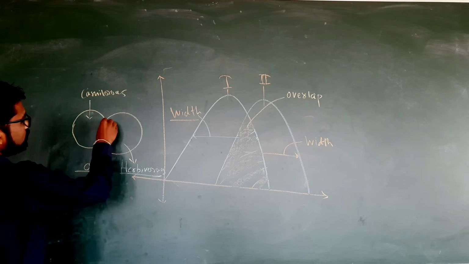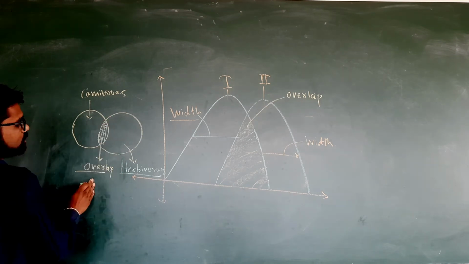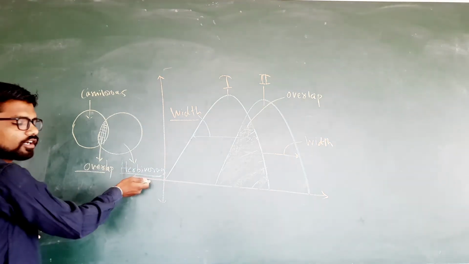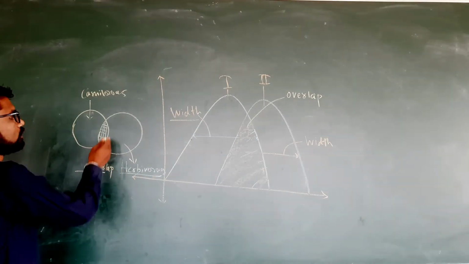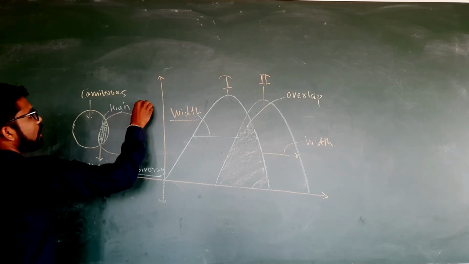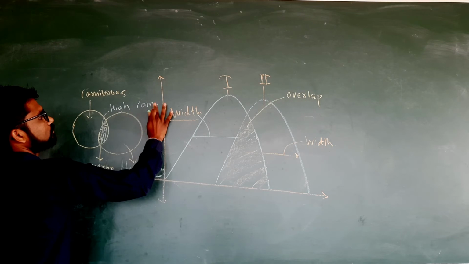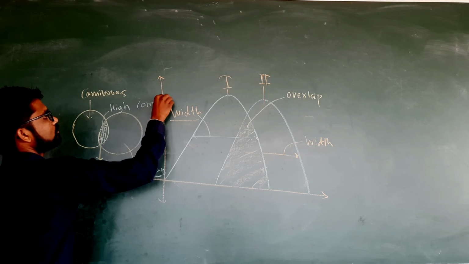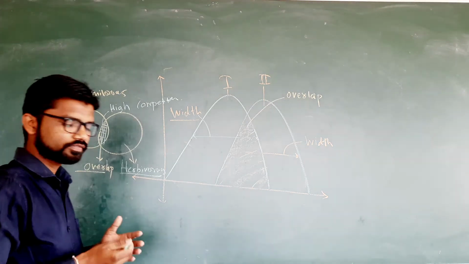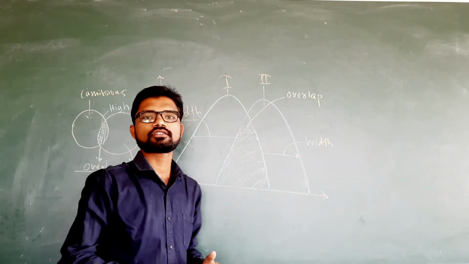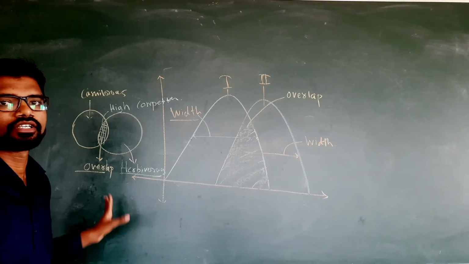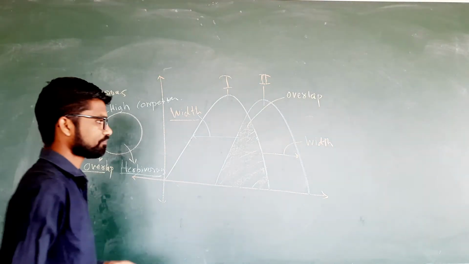Where overlap takes place, carnivorous animals feed on herbivorous animals. So this is the level where high competition is there, where overlap takes place with high competition. It is one case of niche width and niche overlap.